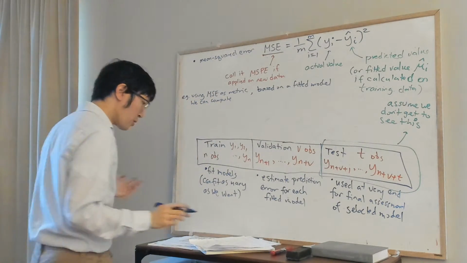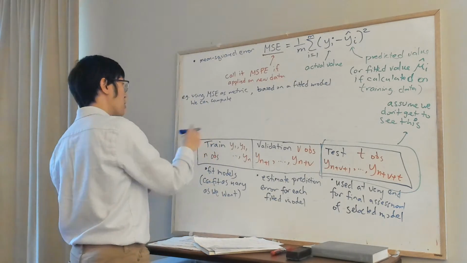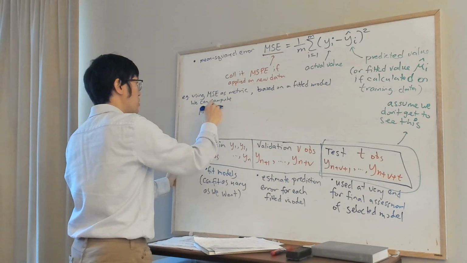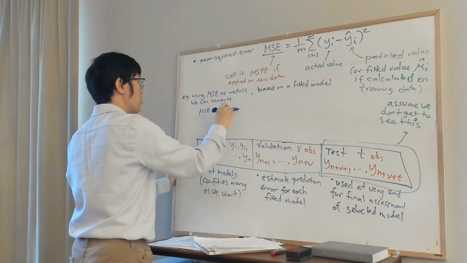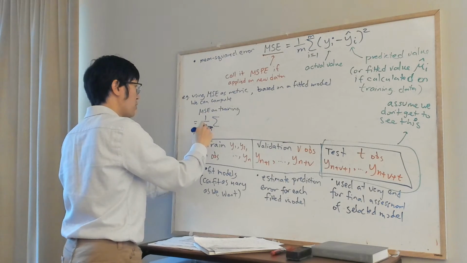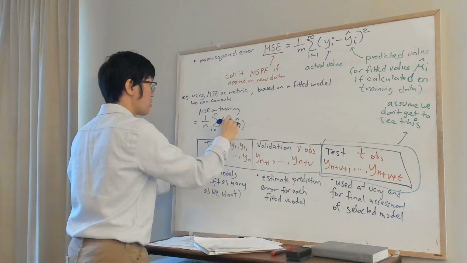First, let's just write them out. The mean squared error on our training data would be the average of these: 1 over n, sum of (yi minus yi hat) squared.